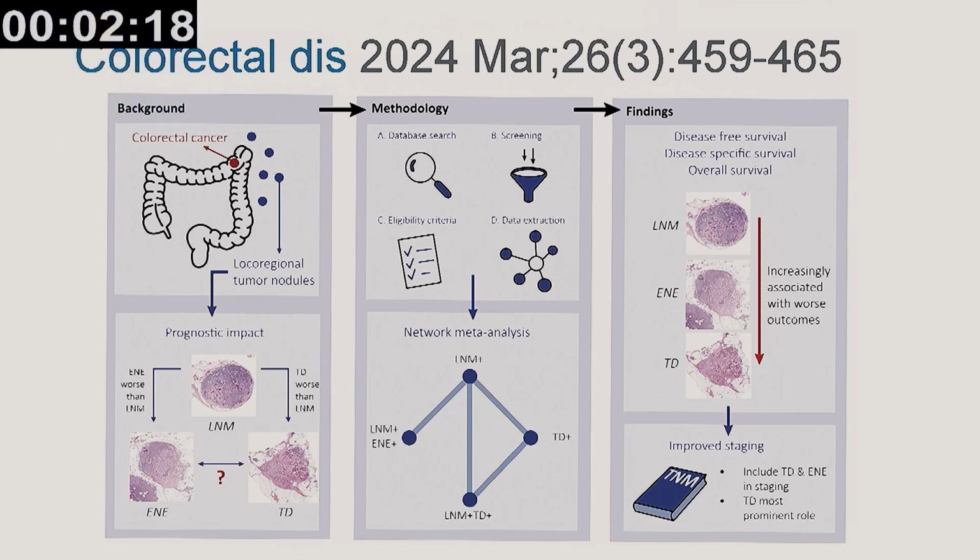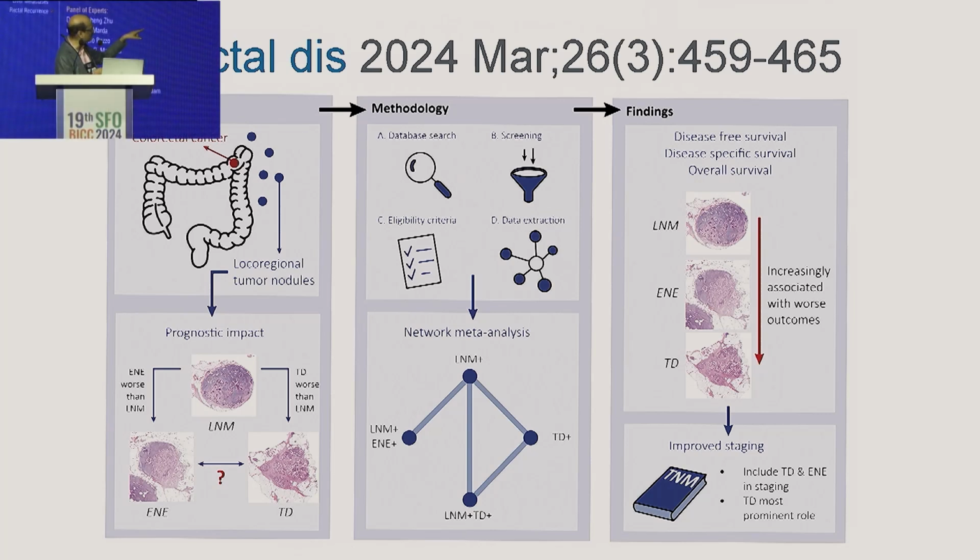And this is a very recent paper that came out a few months ago. They analyzed a lot of cases, and what was their result? You see the last one is their result: lymph node metastasis, then extranodal extension, and then tumor deposit.